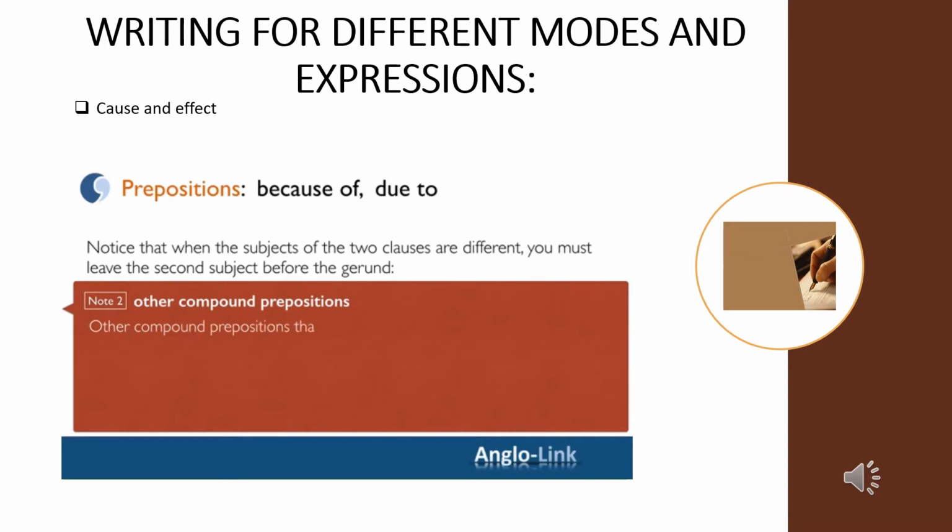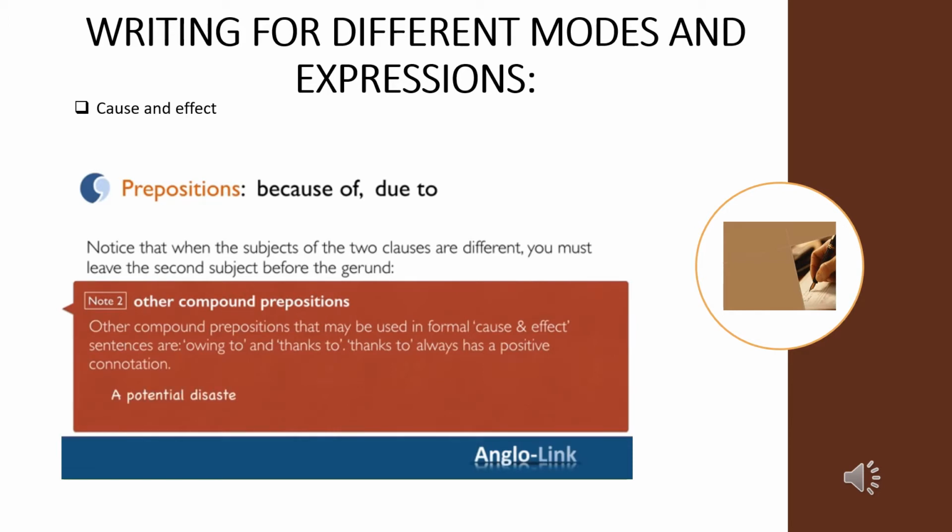Other compound prepositions that may be used in formal cause and effect sentences are owing to and thanks to. Thanks to always has a positive connotation. For example, a potential disaster has been avoided owing to or thanks to the diligence of the technical team.